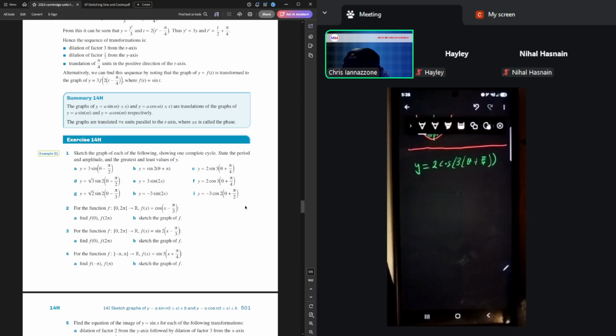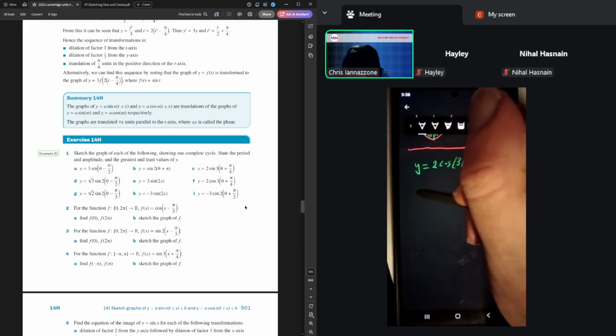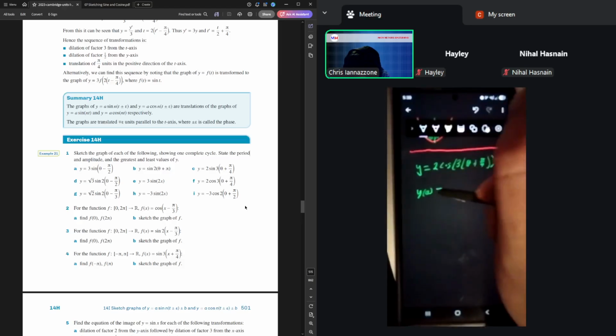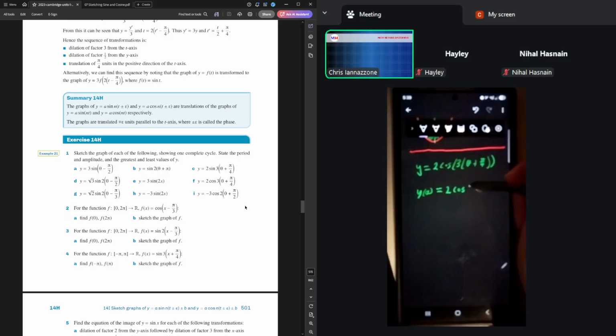So if you really wanted this to start at 0, the first thing you would do is try to figure out what the y value is at x equals 0. So you want to solve for y of 0. That is therefore going to be 2 cos(3 times 0 plus pi on 4).